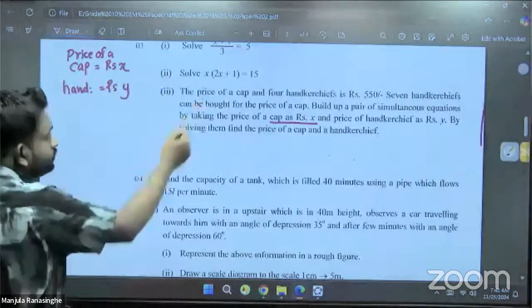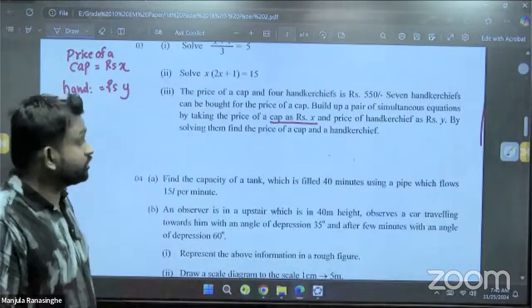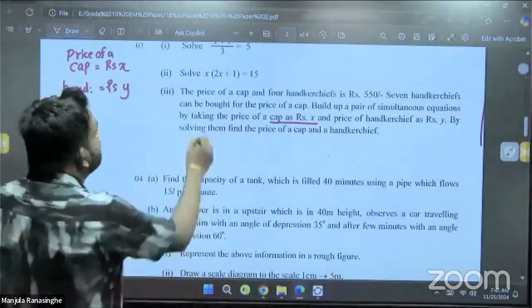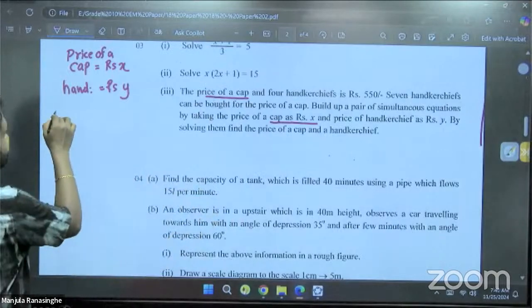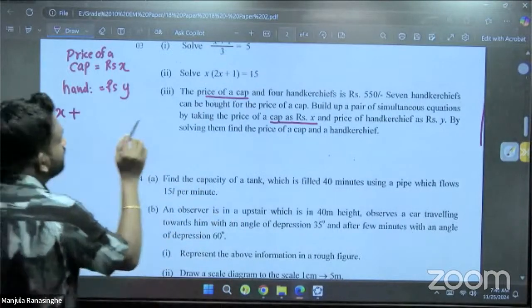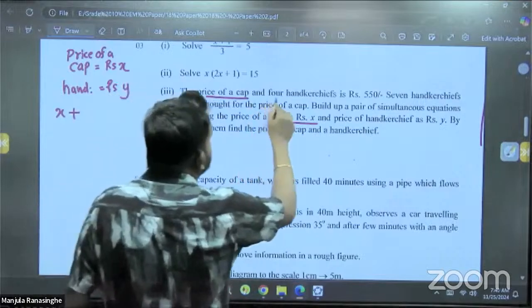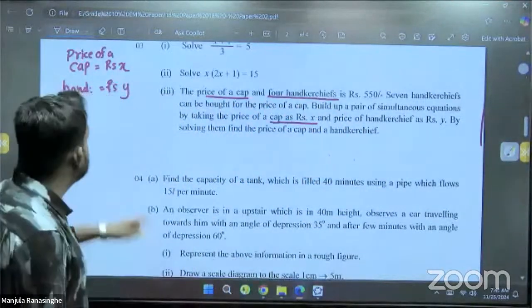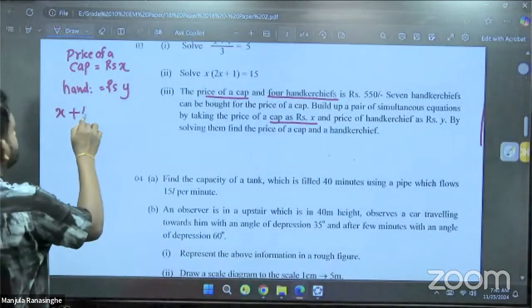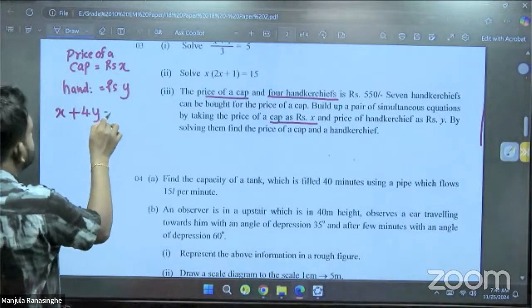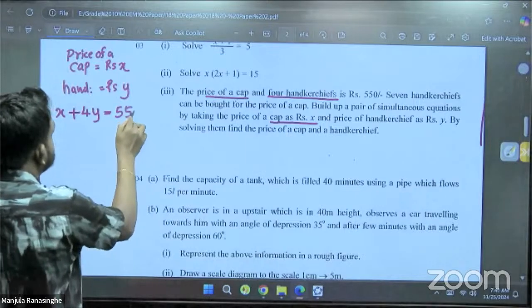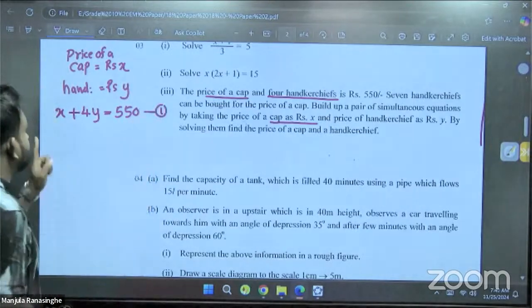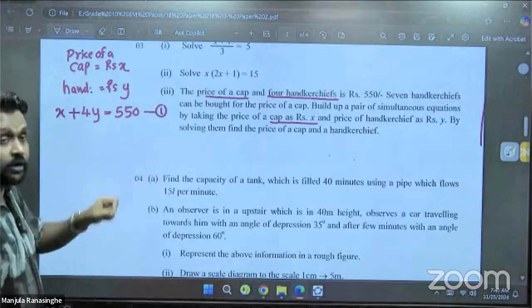So now move to the first paragraph of the question. A cap is X plus four handkerchiefs, one handkerchief is Y, then four handkerchiefs is 4Y. The price of these totally is equal to 550. So that is the first equation: X plus 4Y equal 550.